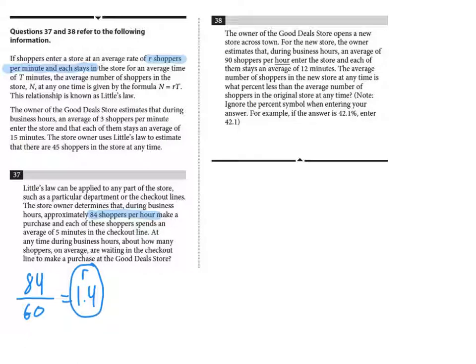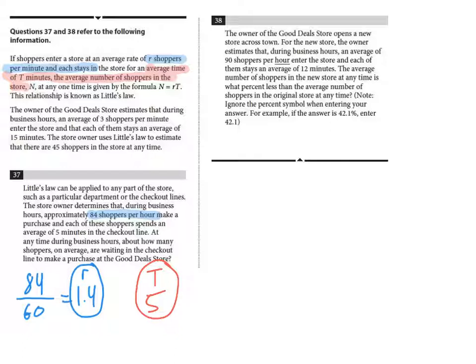Now, 84 shoppers per hour make a purchase, and each of these shoppers spends an average of 5 minutes in the checkout line. Okay, so if we come back to our equation up here, we see that the average time of T minutes that the customer is in the store or in the department or in the checkout line, in this case, is T. So in our case, T is going to be 5 minutes.